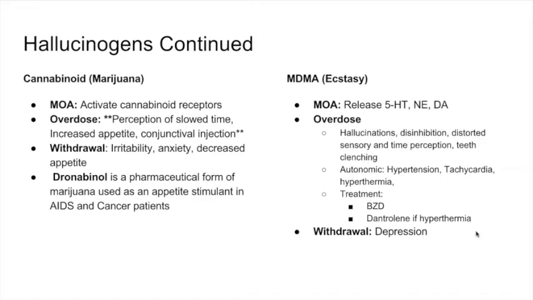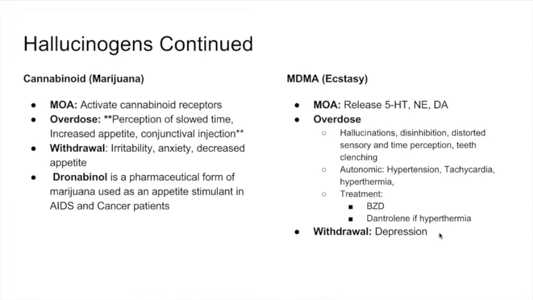I'm not sure if we have spoken about dantrolene before or not, but it's a medication that is used to treat malignant hyperthermia. If we haven't spoken about it yet, then we will get a chance to speak about it. But I want you to know that dantrolene is used for hyperthermia.